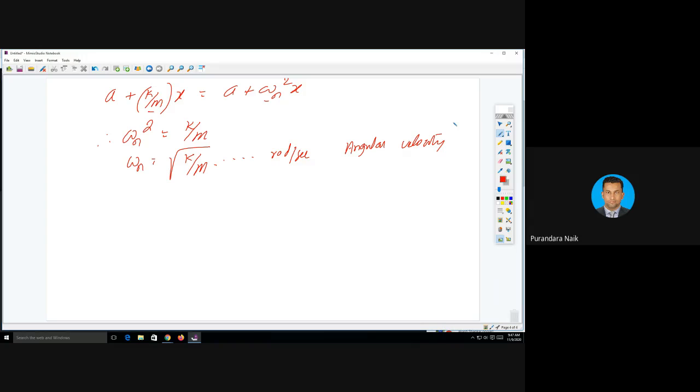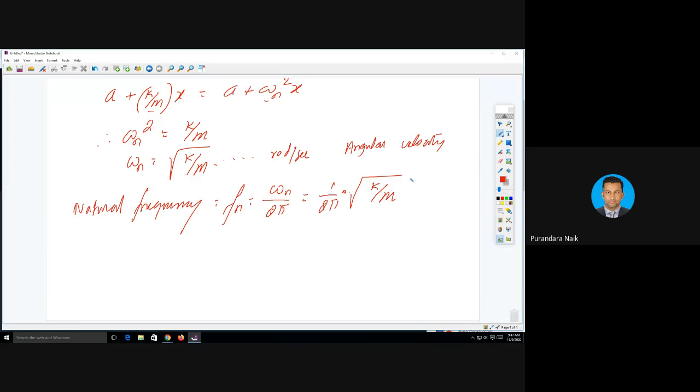Is it the same as the previous derivation, D'Alembert's principle? We are getting the same equation, right? So you should get the same equation under both conditions, D'Alembert's principle as well as the energy equation. Okay. So the natural frequency equation: fn is equal to omega n by 2 pi, which is 1 by 2 pi into the square root of k by m.